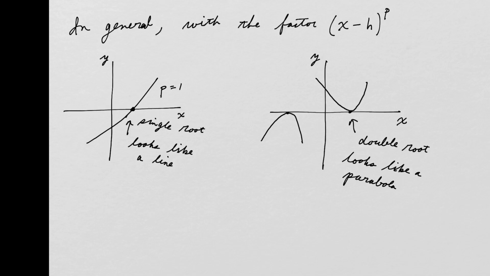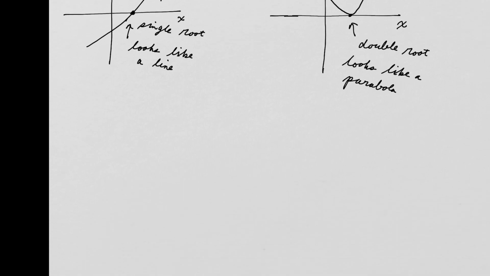Okay, actually let me erase this, I don't want to confuse you. So it could either look like that, or this would be the same thing. So this would be a double root there, and it's going to look like a parabola.